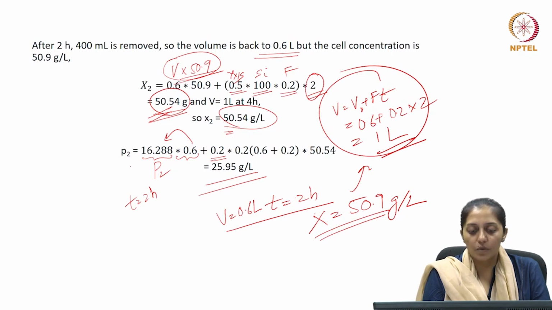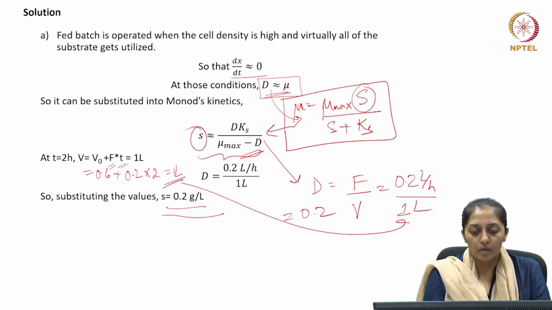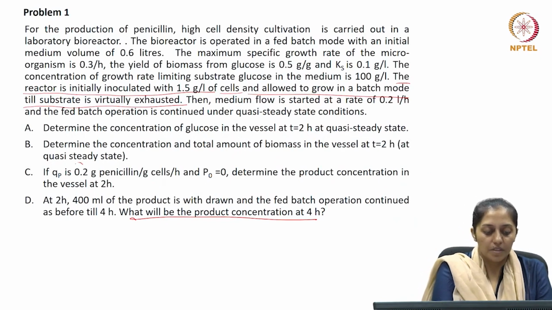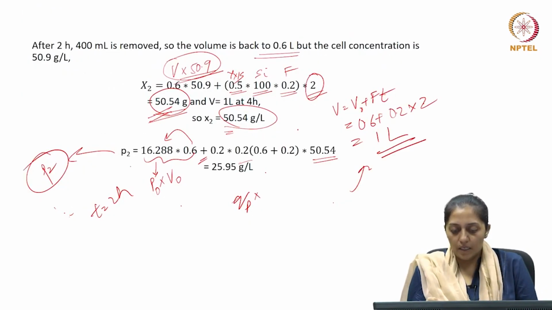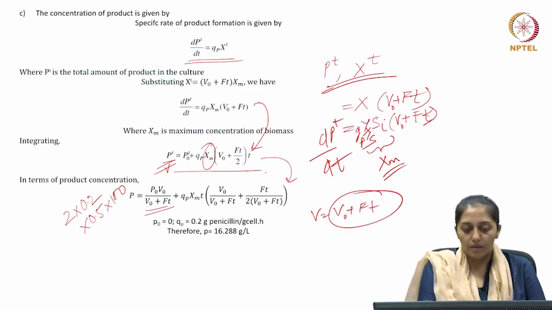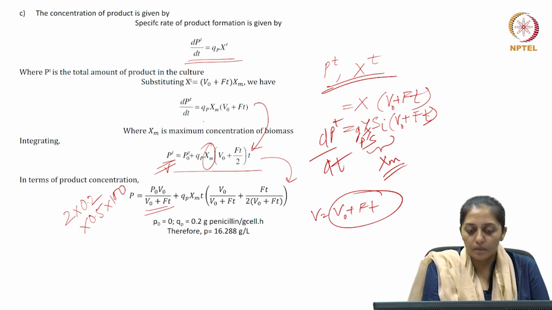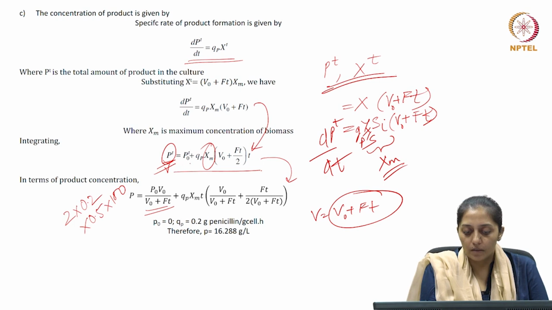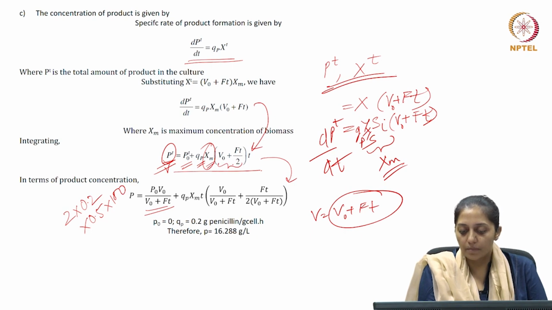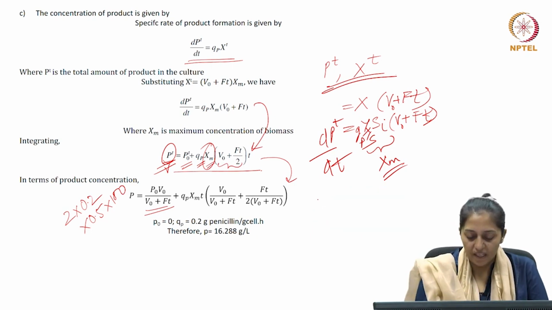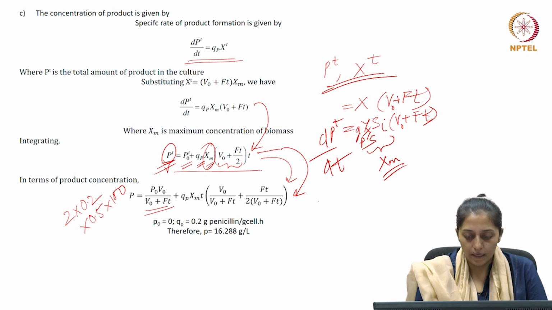So, Qp is given to us as 0.2, which is given here. If you put it in the expression given here, your amount of product is P naught V naught plus Qp times x, the steady state biomass concentration, times V naught plus Ft by 2 times T. In terms of concentration, if we rewrite this equation, it will come out as shown here.